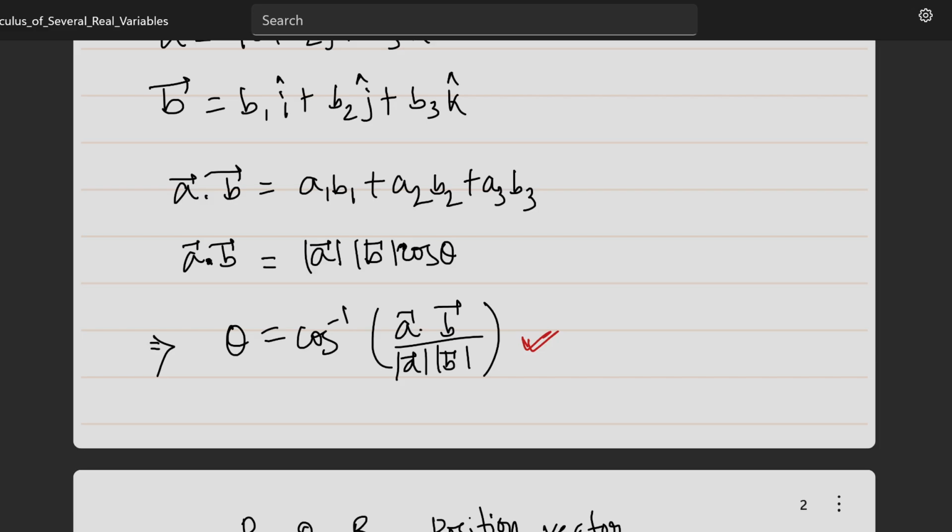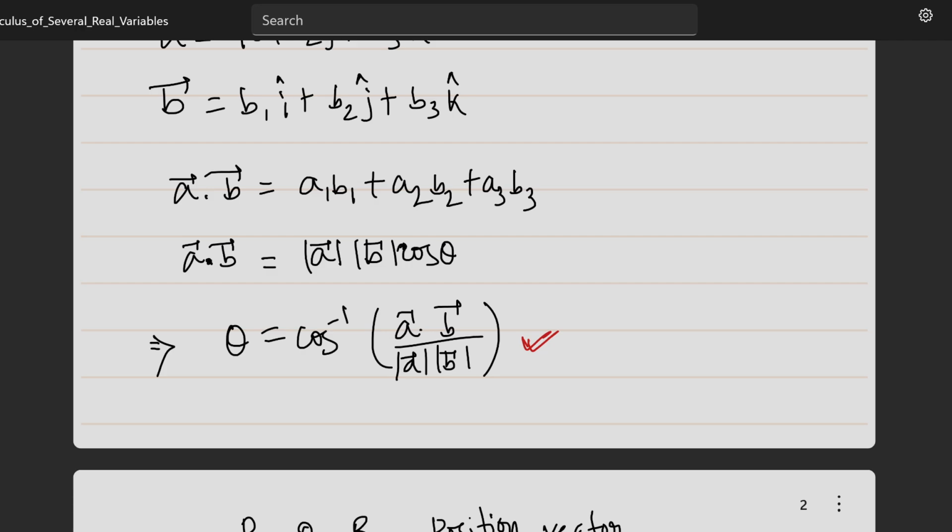Can you tell? PQ is Q vector minus P vector. Yes, position vector means it is the position from the origin. So PQ means OQ minus OP. Here it is OR minus OQ. Here it is OR minus OP. You should not write it opposite. If you write it opposite, then you will get a different answer.